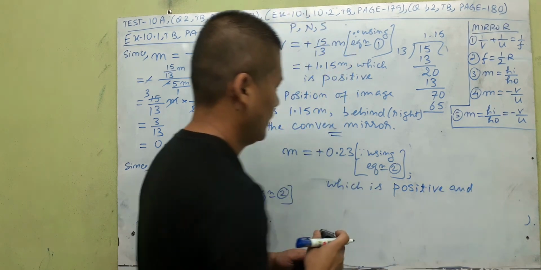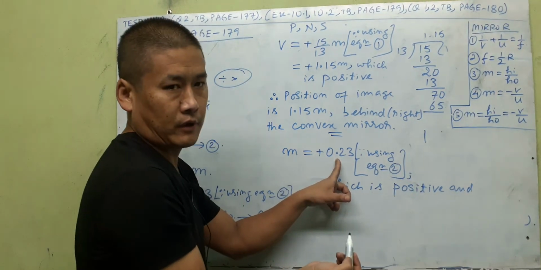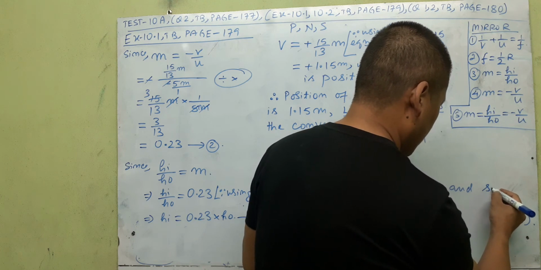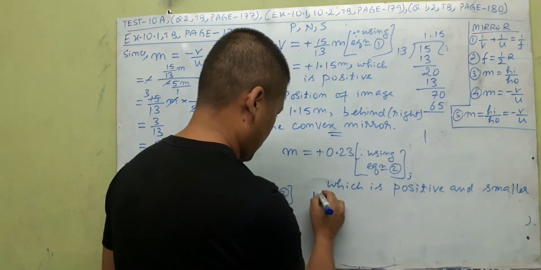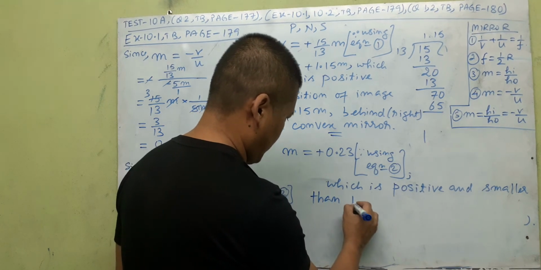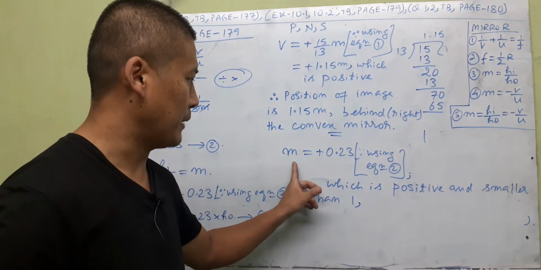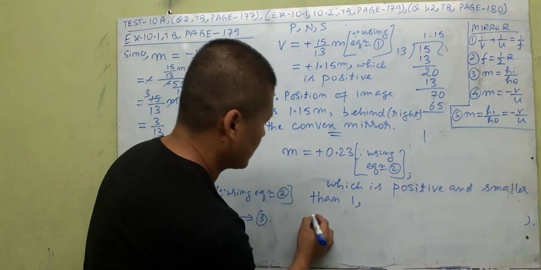And compared to 1, is it greater than 1 or smaller than 1? Yes, it is lesser than 1, smaller than the number 1. Positive will tell you something about the nature. Positive means what? M equal to positive. Do you remember in the sign convention we discussed in the previous class?